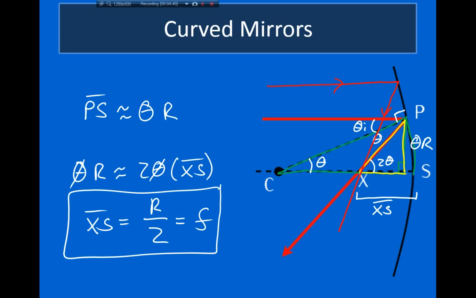And in fact, all of the arguments that we just used through this whole derivation would still hold, as long as the distance between the principal axis and our incident ray is much, much smaller than the radius. That way we can assume that these angles are all small, and we can assume then that these arc lengths are approximately equal to these lengths in these triangles down here.